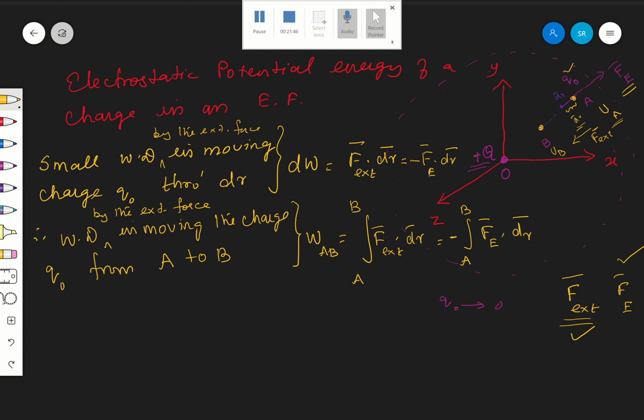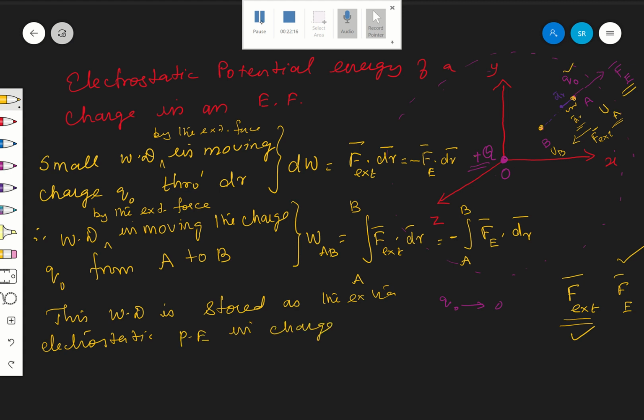Therefore, this work done is stored as the extra electrostatic potential energy in charge Q naught.